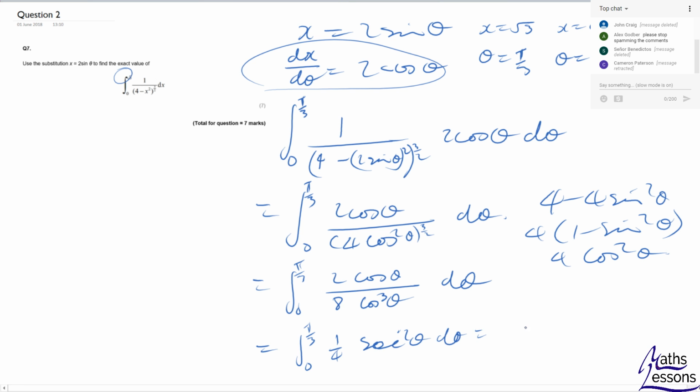So that integrates to give me 1/4 tan theta between pi by 3 and 0. And tan of pi by 3 is root 3, and tan of 0 is 0. So this is just going to give me root 3 over 4.